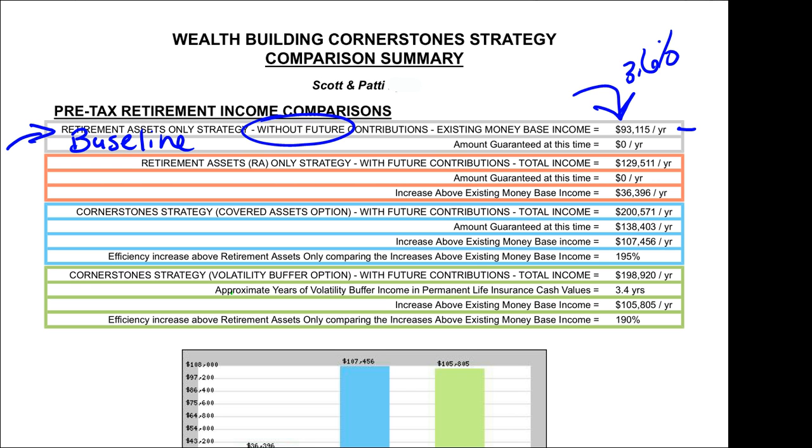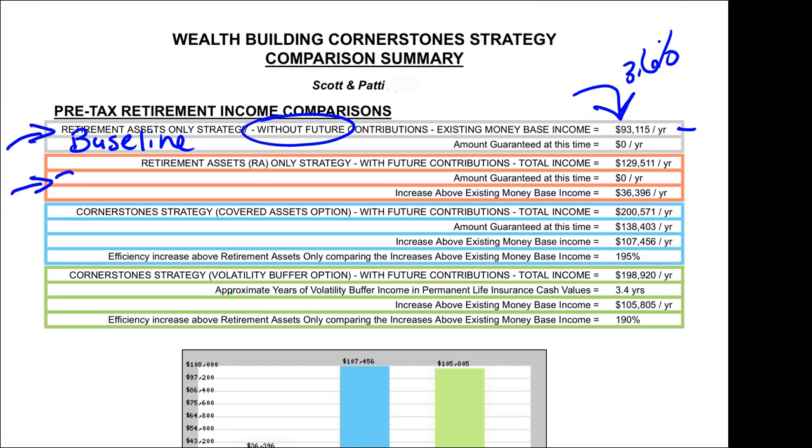That is our baseline. Now, of course, you are going to save. So let's look at the retirement assets, the business assets and everything with future contributions. So assuming that you maximize all of your savings, meaning that you maximize your 401k, you maximize IRA contributions, what will your retirement number look like after you save for 10 years? So that's this option here.